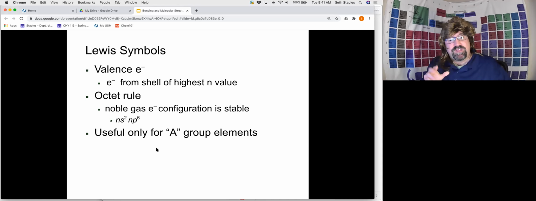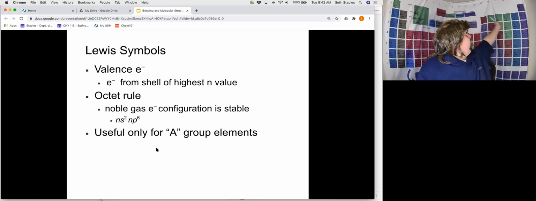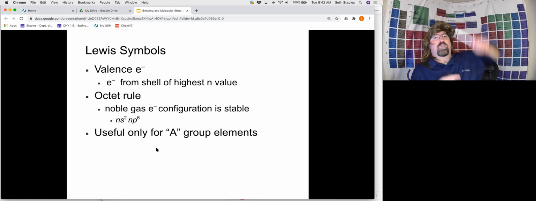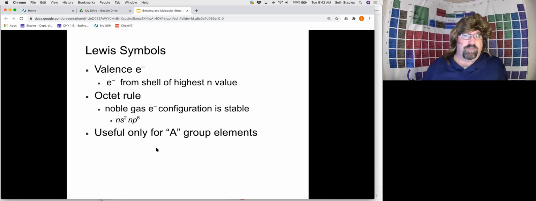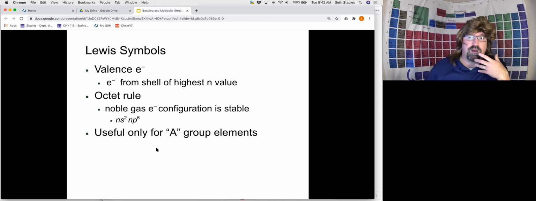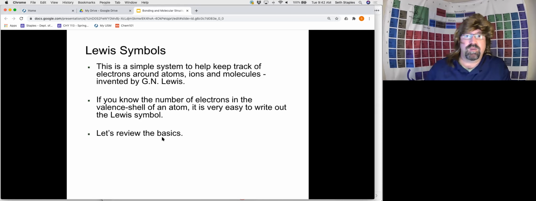Again, this really is only useful for the main group elements, everything except the transition metals. So we're looking at our alkali and alkaline earth metals, our S block and our P block, essentially. We're ignoring all of the transition metals when we look at Lewis symbols and Lewis structures. But for anything in our main group, our S block and our P block, we can create Lewis structures for various compounds. Let's look at how we do this.